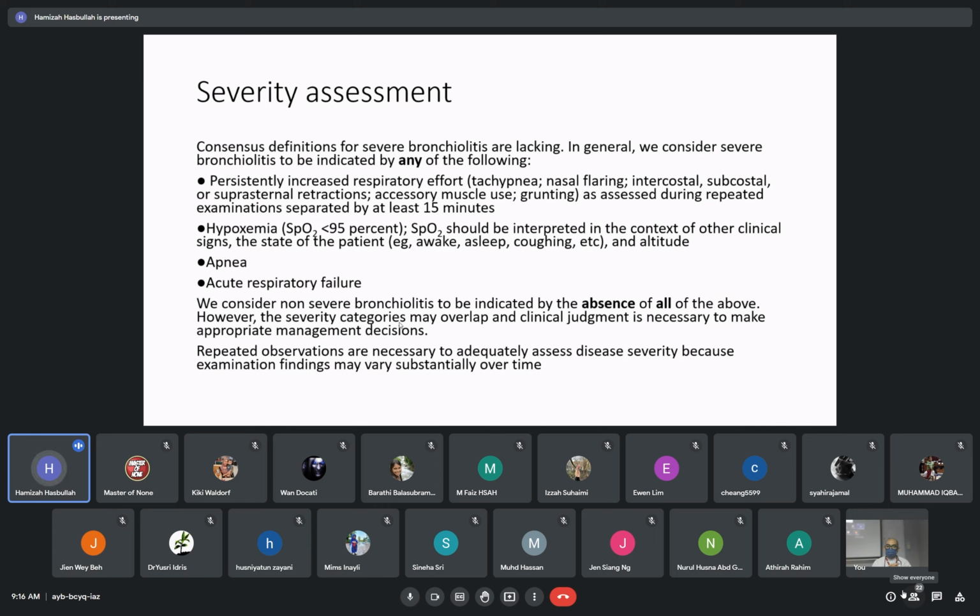So if patient ada hypoxemia, SpO2 less than 95%, apnea, acute respiratory failure. So if non-severe bronchiolitis, usually kita cakap the absence of all of the above lah.